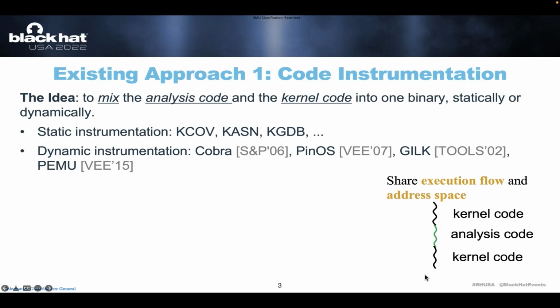So there are two approaches for you to do instrumentation, static instrumentation or dynamic instrumentation. No matter what, in the end, what you get is the kernel whose code has been mixed with your analysis code. So your code and the kernel code will become one body, one binary. They will share the execution flow and share the address space.